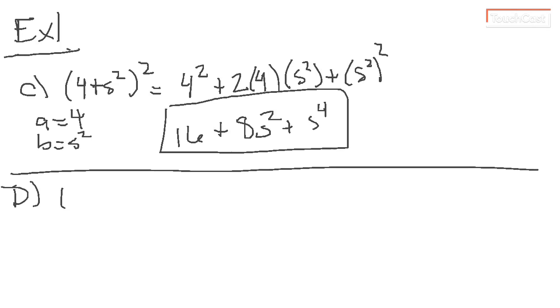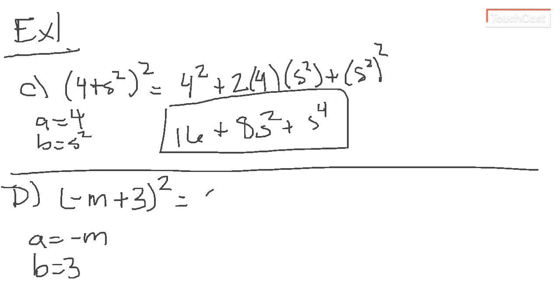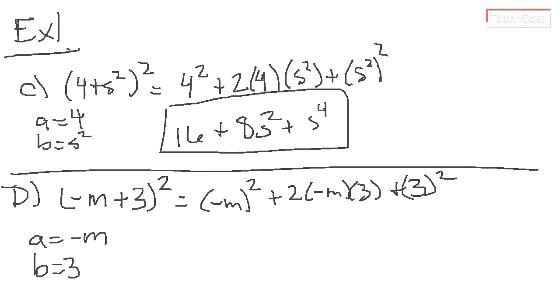We're going to take negative m plus 3 and square it. So in this case, a is negative m, b is 3. So we're going to write this as negative m squared plus 2 times negative m times 3 plus 3 squared.